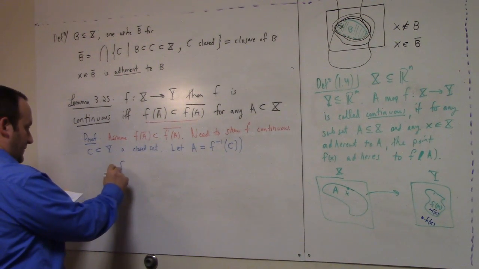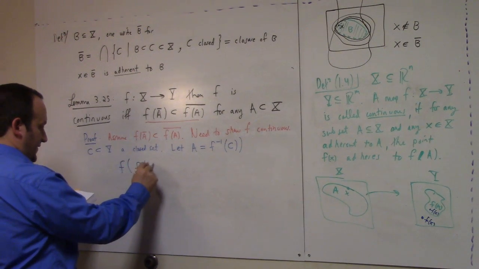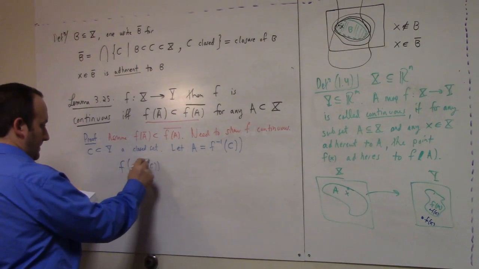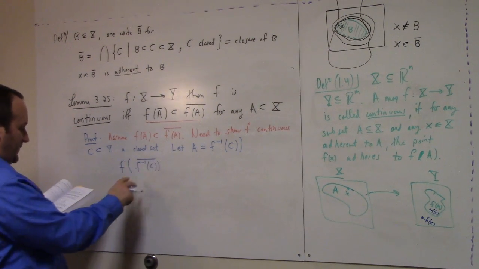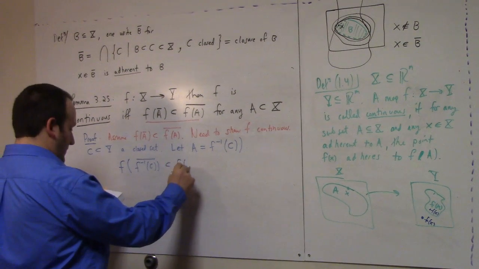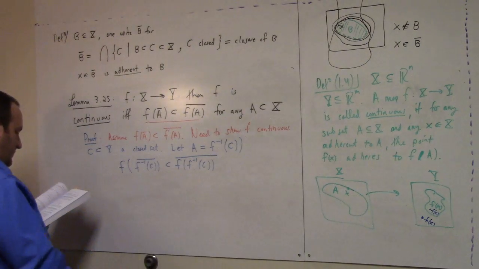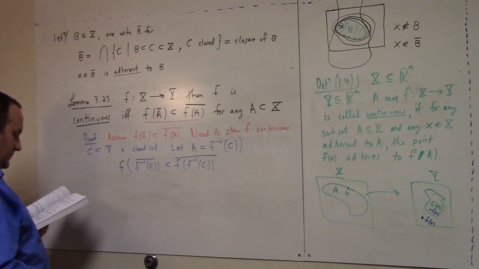So f of the closure of f inverse of C, again, we're letting that play the role of A, is a subset of f inverse of C closure by the assumption.